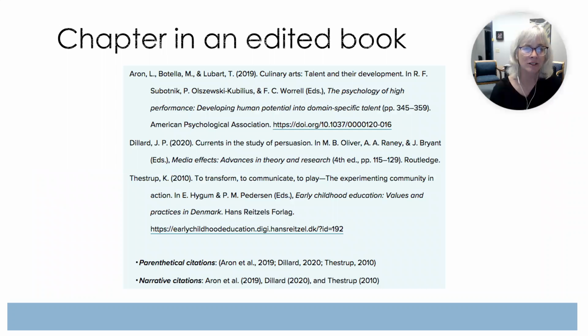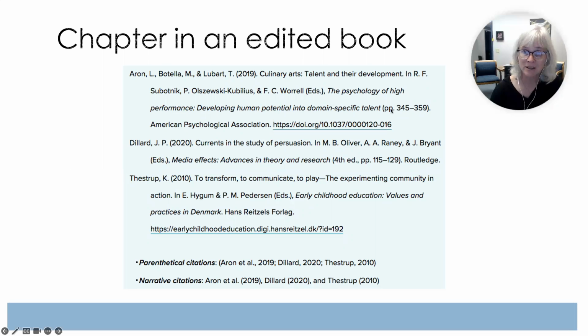And this is how a chapter would look, a little bit more difficult. Again, the authors, the date, the title, but you say it's in, and then write out the editors with their initials first, say editors, and then the name of the book, which is italicized, and the pages that the chapter is.